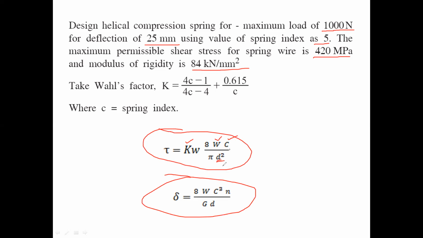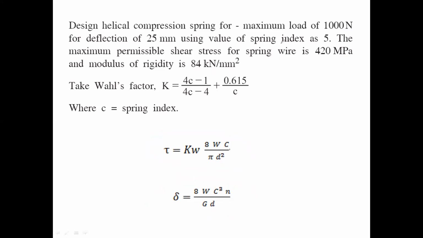Second is the deflection, with the load, the spring index, and modulus of rigidity. From this, the number of active turns N we can find. So let us go further from the given things. First we'll take the help of this equation and try to find the diameter.